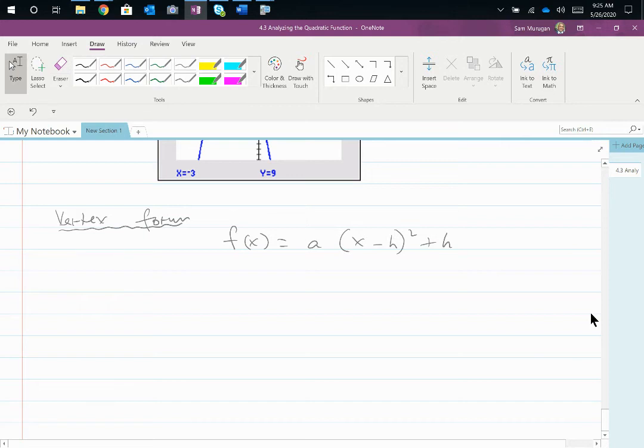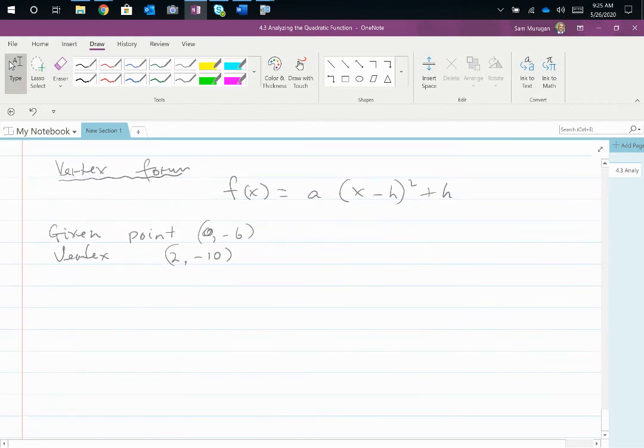If we have a given point (0, -6), vertex at (2, -10), write the standard form of the function.